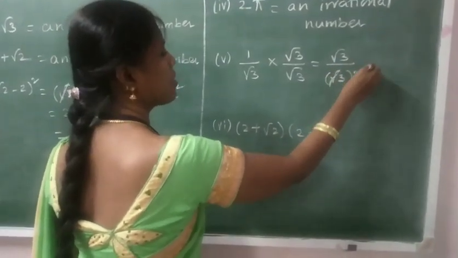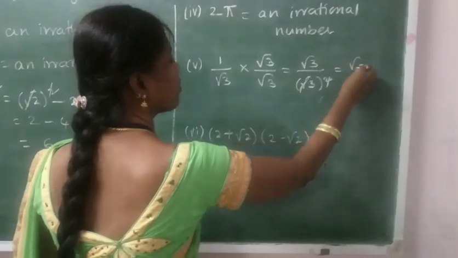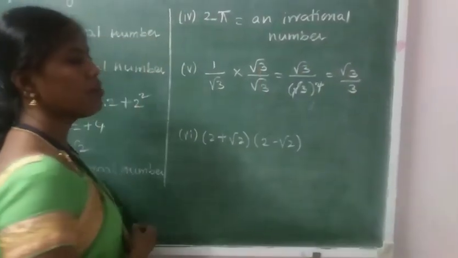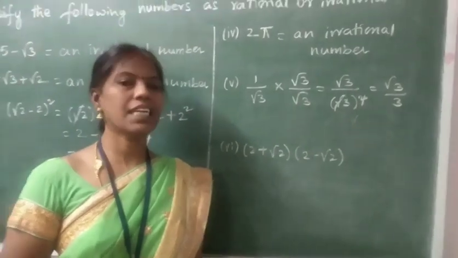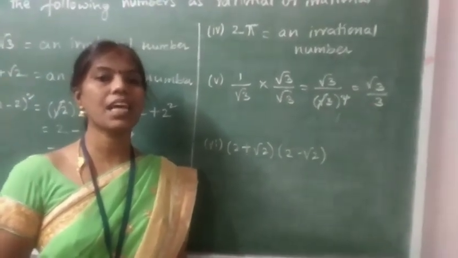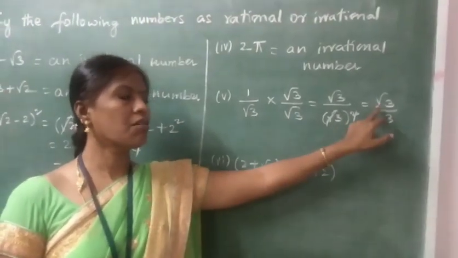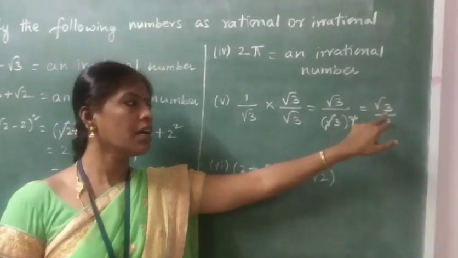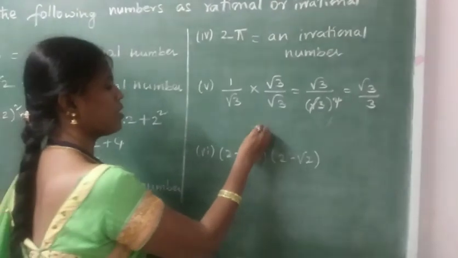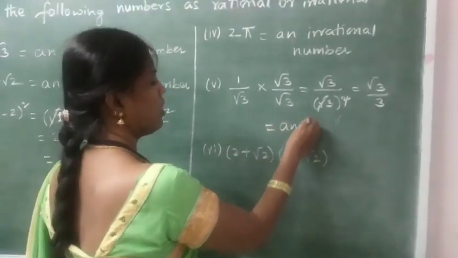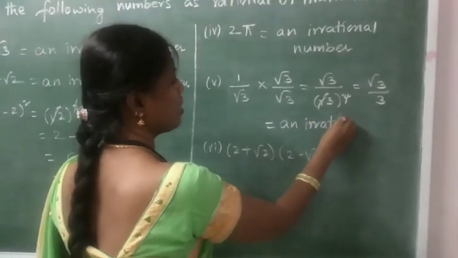The root and square cancel. What do you get? Root 3 by 3. Now, very easily we can say that it is an irrational number. Why? Because root 3 is an irrational number. If you divide it by 3, you will get again an irrational number.